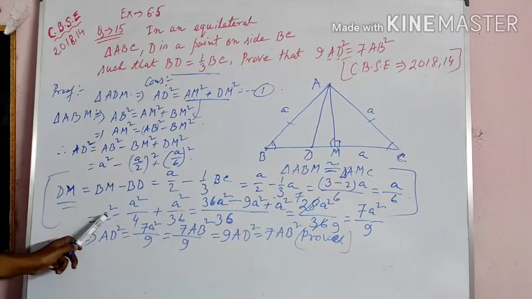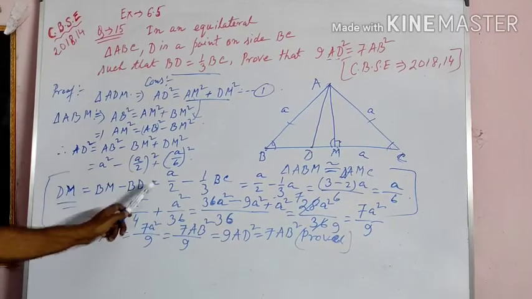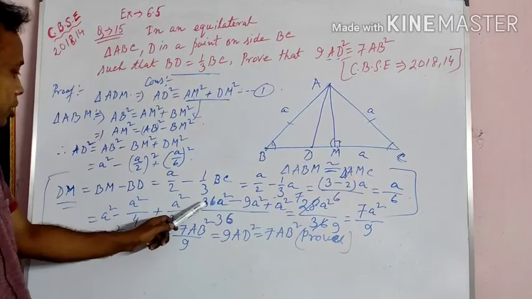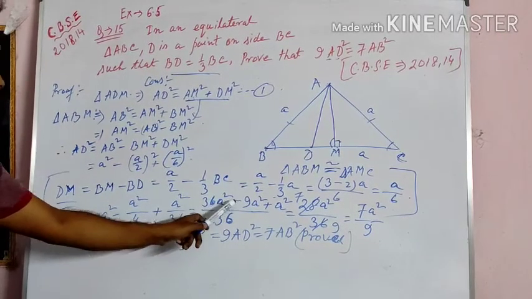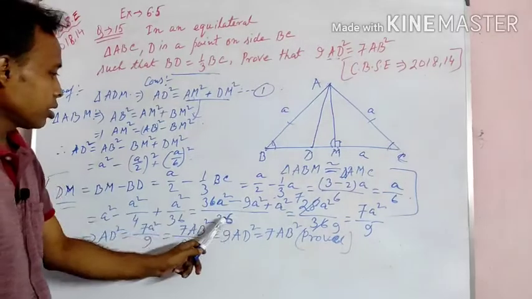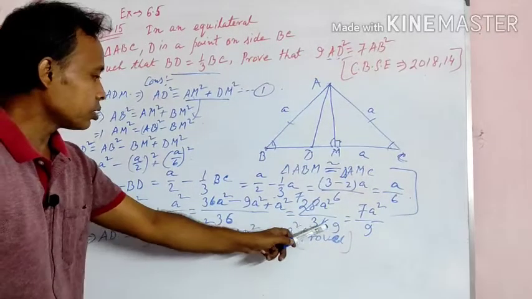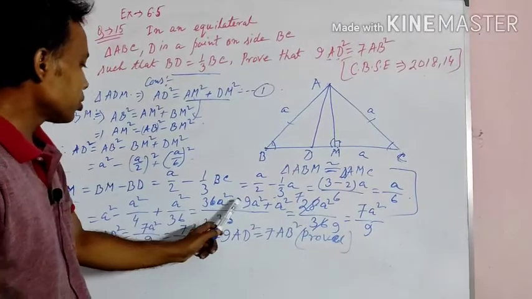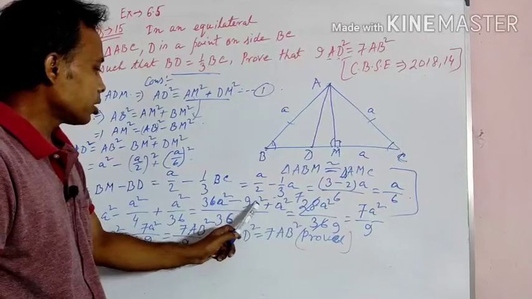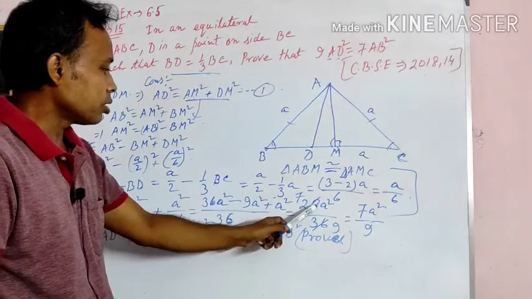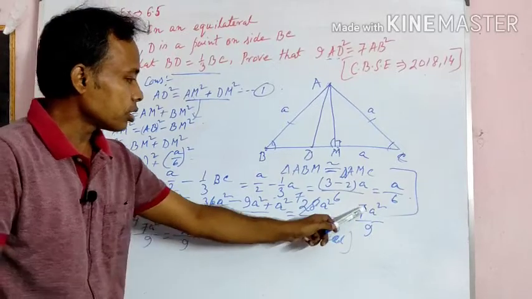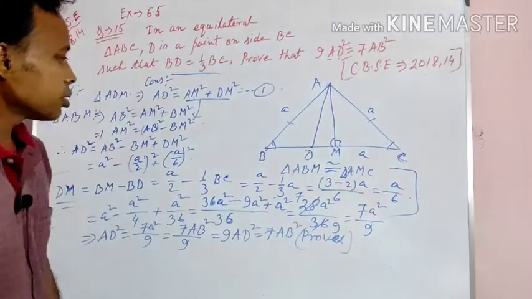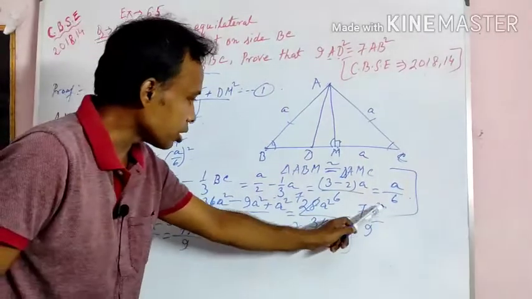Then you will get A square minus A square by 4 plus A square by 36 is equal to, taking LCM 36, 36 A square minus 9 A square plus A square is equal to 28 A square. Cancelling out, it is 7 by 9 A square.